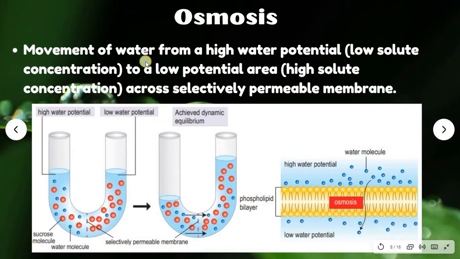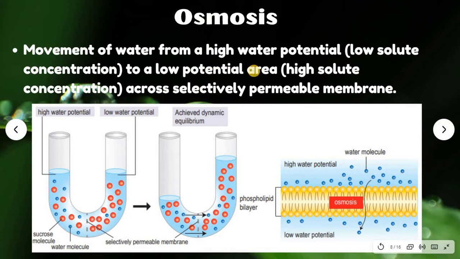Osmosis refers to the movement of water from high water potential, which refers to a high concentration of water, or in other words low solute concentration, to a low water potential area.